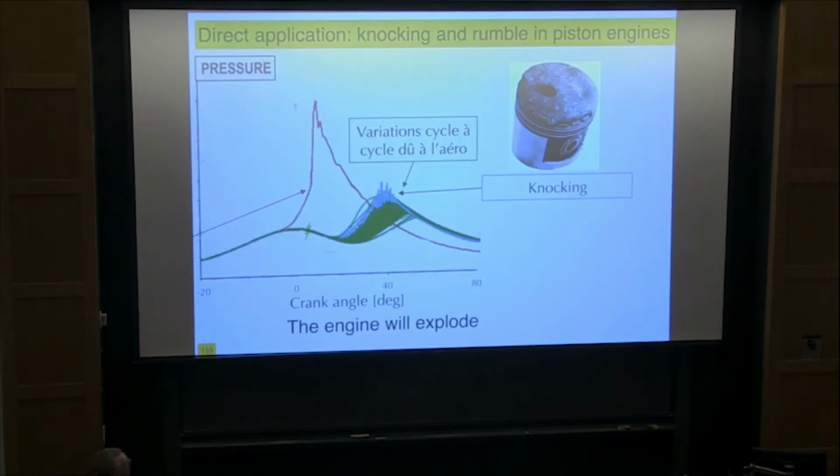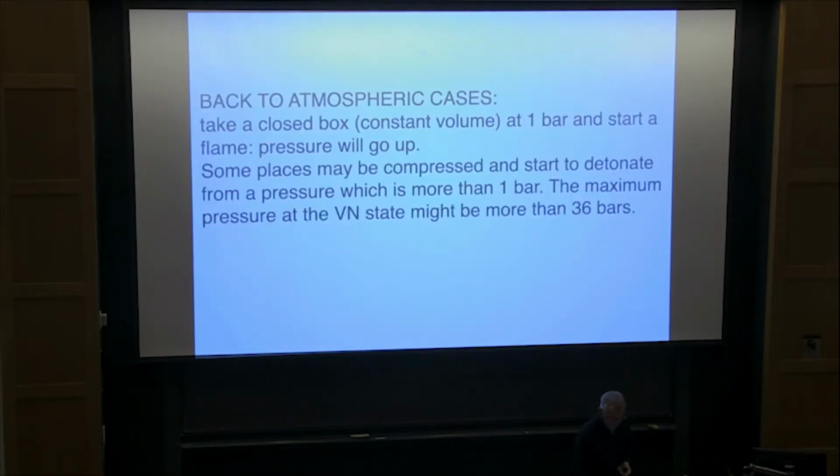So you find this kind of engines, and the way you see it in the pressure curve in the engine is that most pressure curves would look like this, and if you go into detonation, bling, you see the pressure here goes to crazy values, and everything explodes. So you see that these very simple estimates are quite useful to understand what's going on in many systems.